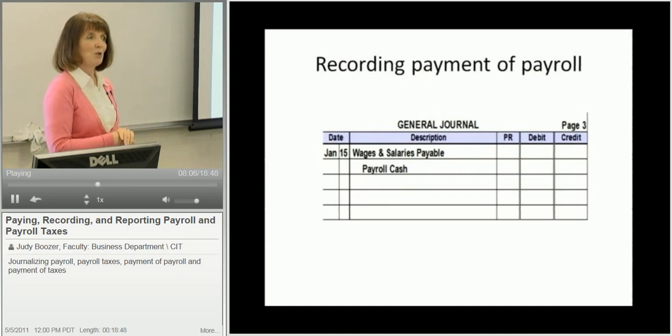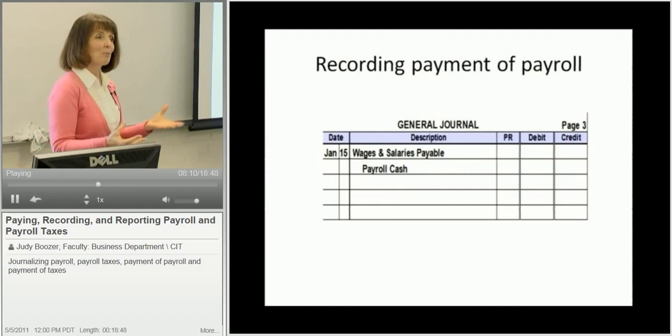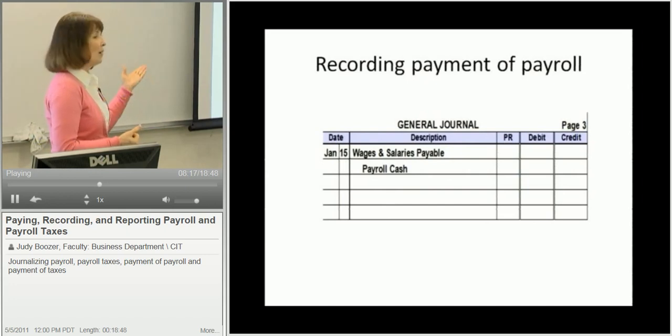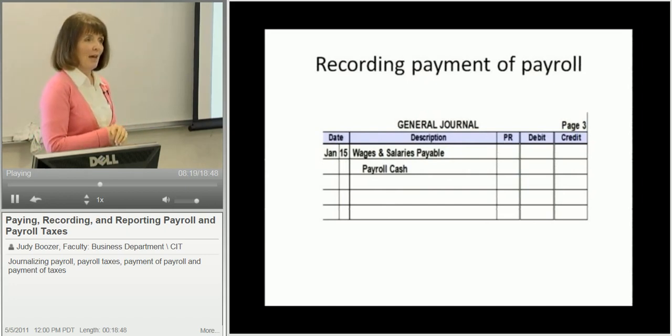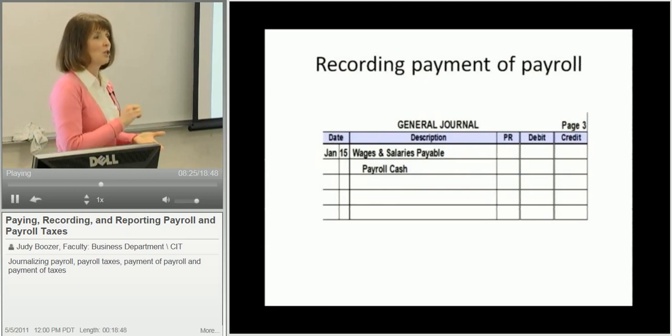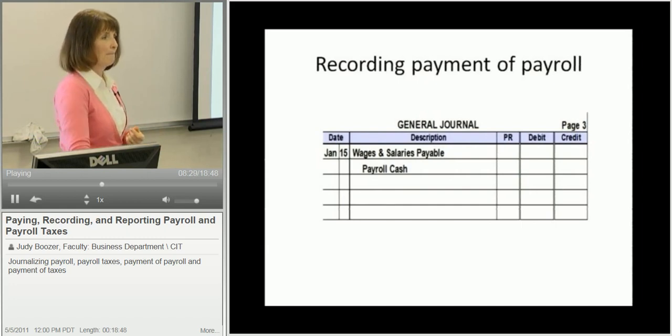What kind of account do you think that would be? Still an asset. It's just a separate cash account, strictly for the payment of payroll. For a lot of our assignments, we'll just be using the cash account. But if you look at your chart of accounts and there is a payroll cash account, it's used to pay for payroll. Okay?